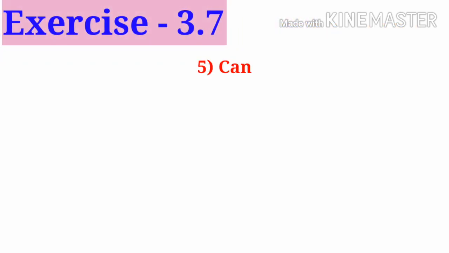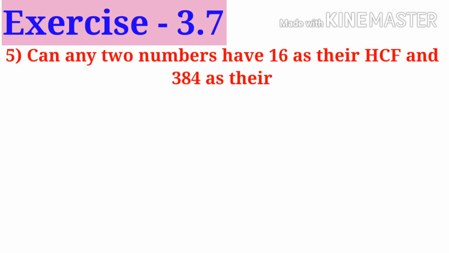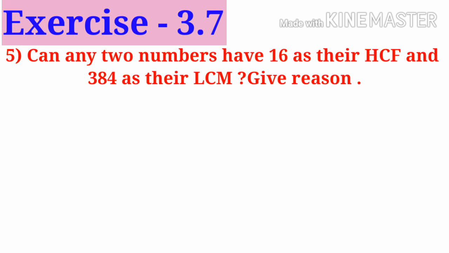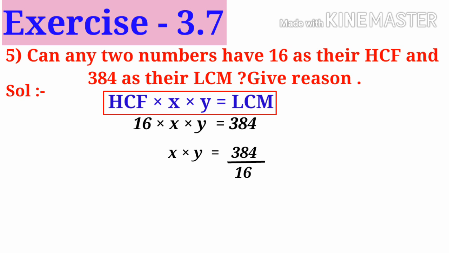Now exercise 3.7, fifth problem. Can any two numbers have 16 as their HCF and 384 as their LCM? Give reasons. Solution. We know that HCF into X into Y is equal to LCM. That is 16 into X into Y is 384. Now X into Y is 384 by 16. On simplification we get 16 ones are 16, 16 twos are 32, 16 fours are 64, that is 24.